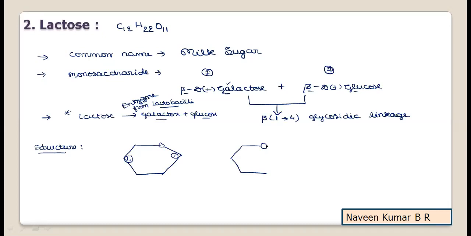Those students who find it difficult to practice galactose directly can just practice writing the beta-D-glucoses first and change the configuration at the 4th position for galactose, then it will be clear for you to write.